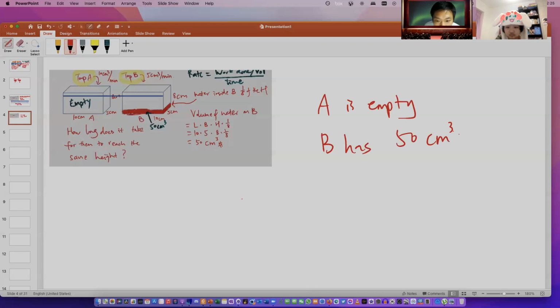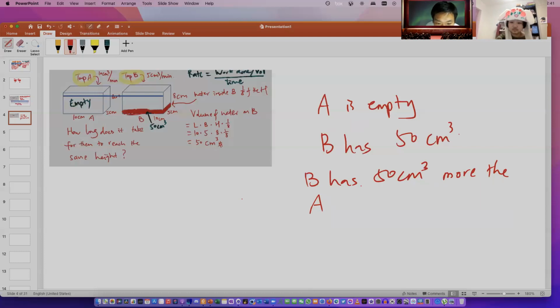So actually, that means B has 50 cm cube more than A at the start. So what this means is, let me give you one scenario.